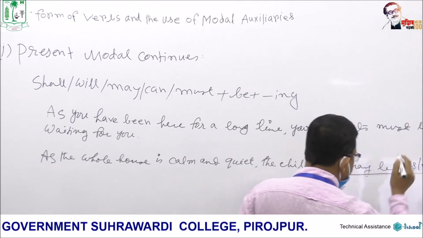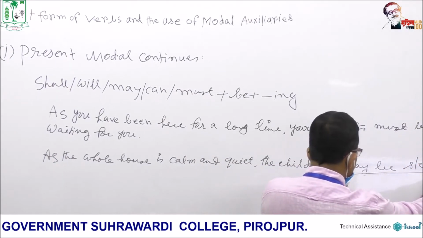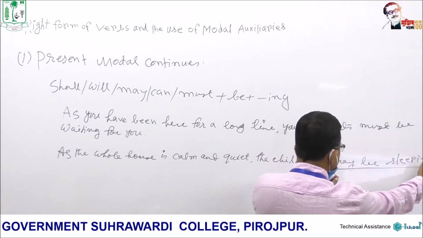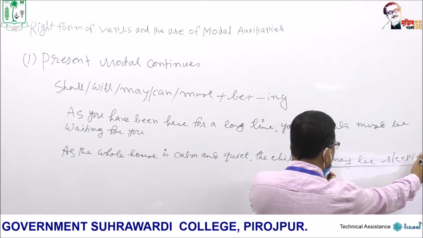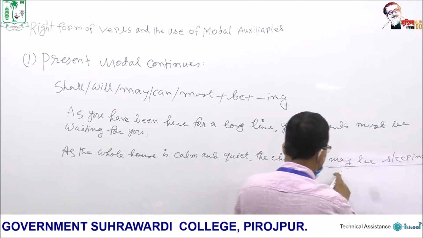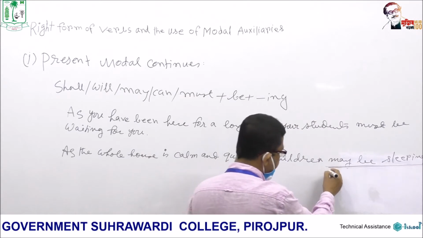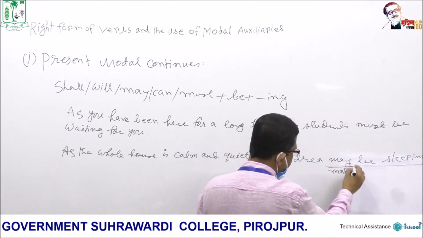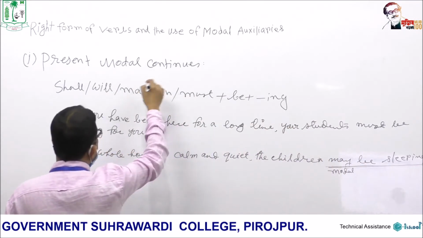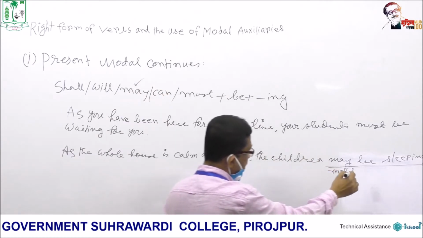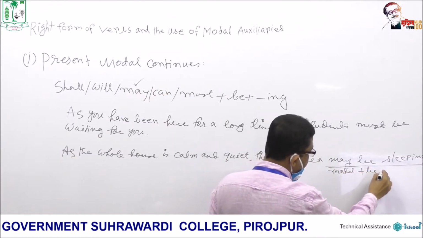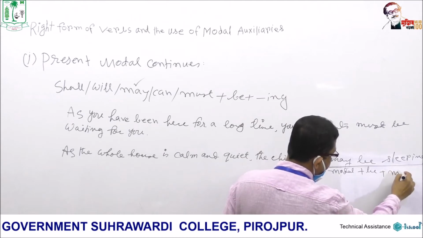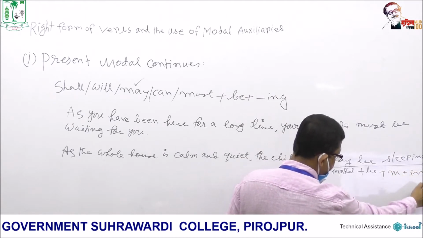This is the formula I have put here. That is, present modal continuous arrives here. May is a modal auxiliary, one of the modals I wrote here. May plus be plus main verb plus ing.